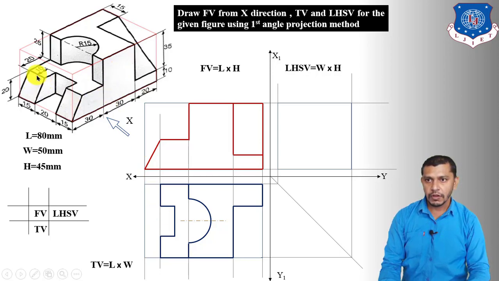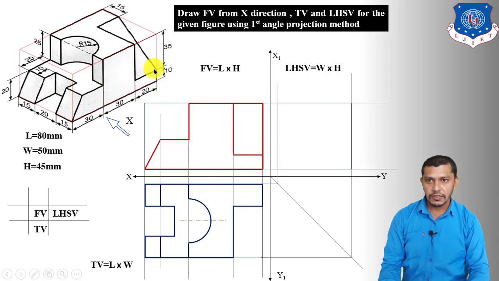Now we have to draw the top view of this inclined surface. It will be visible as a rectangle in the top face. This inclined face is also visible as a rectangle in the top face. Now we have to draw this inclined face in the top view. We have already drawn this edge of the inclined face over here.